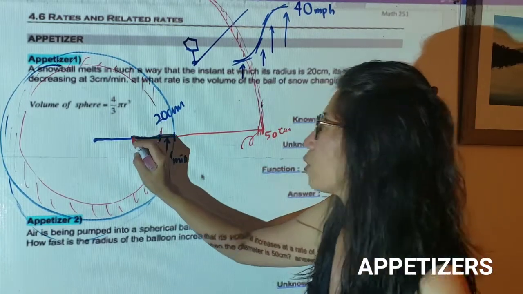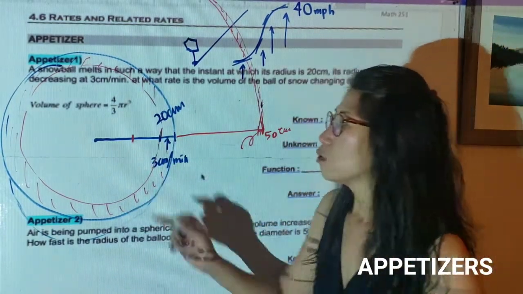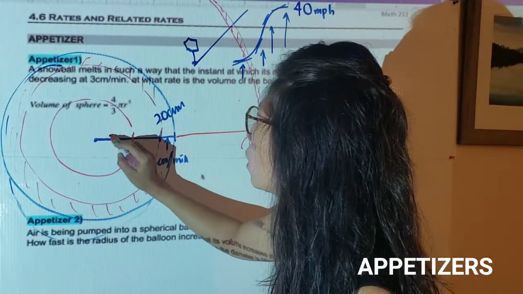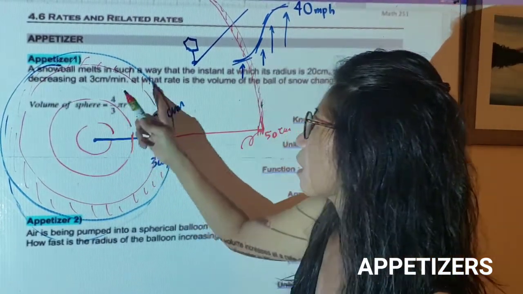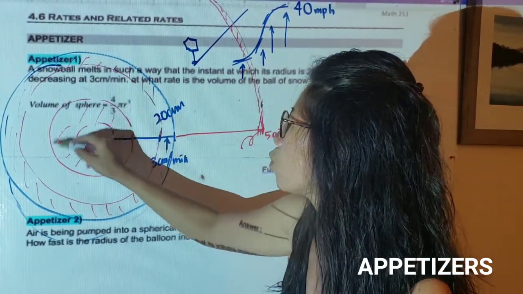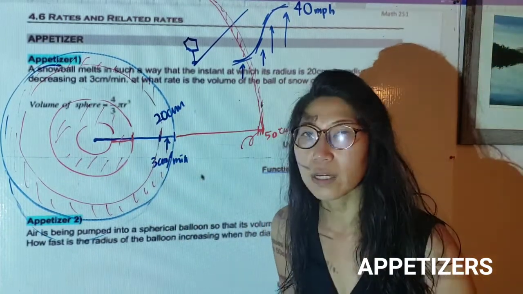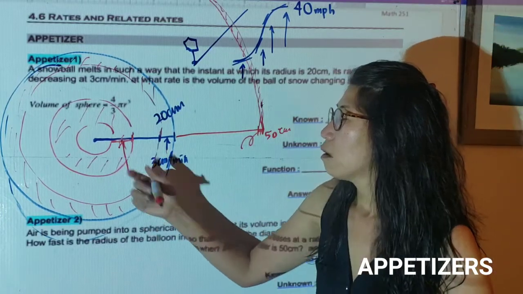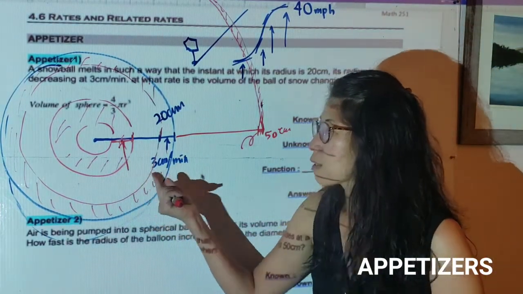Then how about when you have a radius of 10 centimeters? The volume melting at that time has to be the same as this volume. So do you see that the rate will be bigger than 3 centimeters per minute? At that moment, the rate of decrease of the radius will be bigger than 3 centimeters.